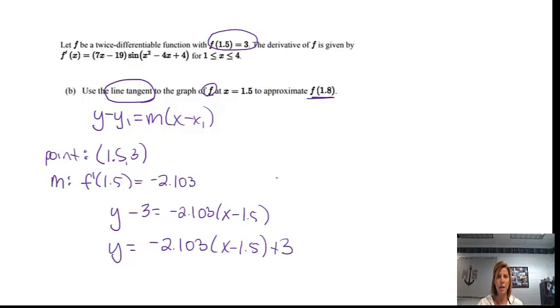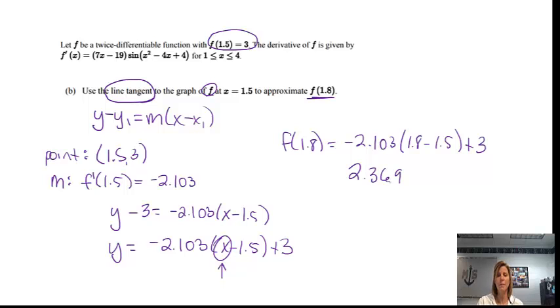So f of 1.8 is approximately negative 2.103 times (1.8 minus 1.5) plus 3. I would prefer to leave my answer right like that because then I have absolutely no chance of messing it up. But if you did go farther, we should get an answer of 2.369. So now that part's done.